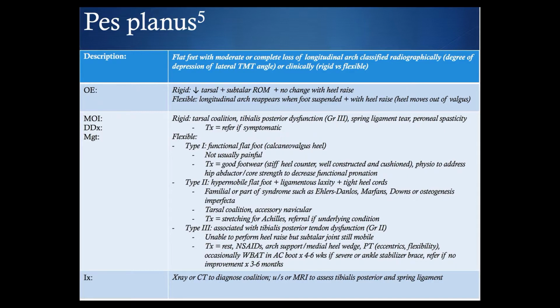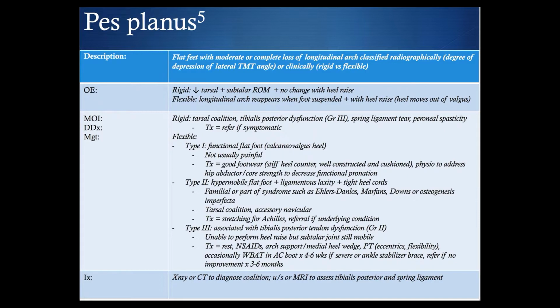Whereas a flexible pes planus condition can be further subdivided into type 1, 2, or 3, with type 1 being a functional flat foot, which is not usually painful, though it can be supported with good footwear and further rehab based on other predisposing factors, to really decrease the functional pronation that can subsequently lead to other foot and ankle conditions.